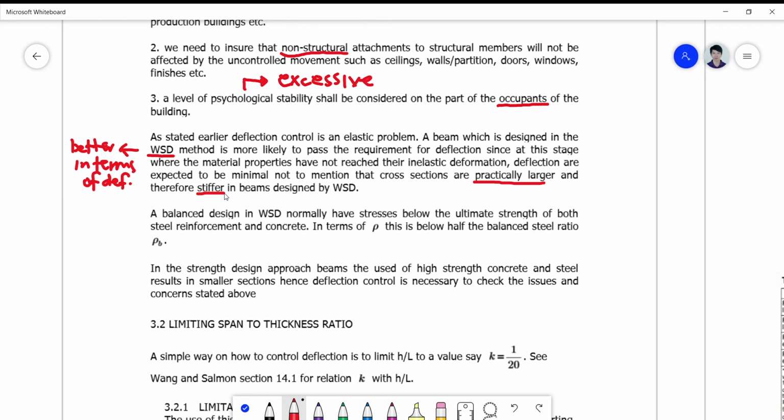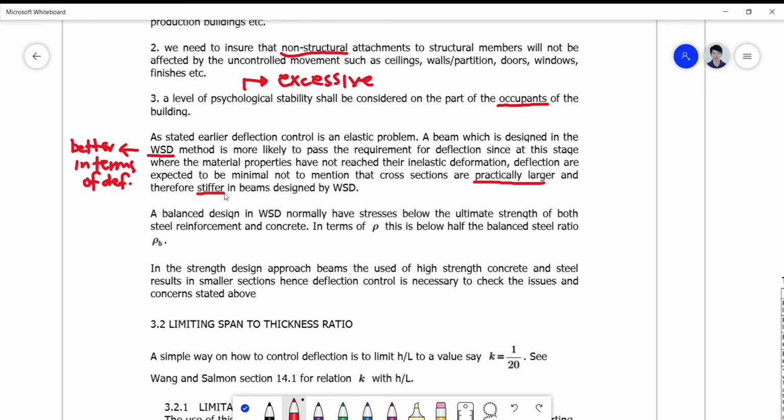Okay, so when your rho is small, then your section is big, and that is a more expensive design because you'll be needing larger formworks and heavier construction scaffolds to withstand the process of erecting your structure.